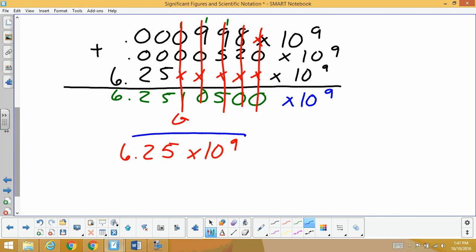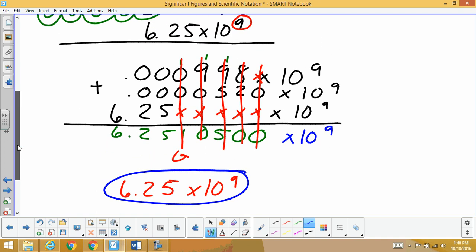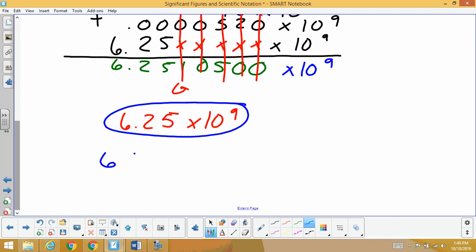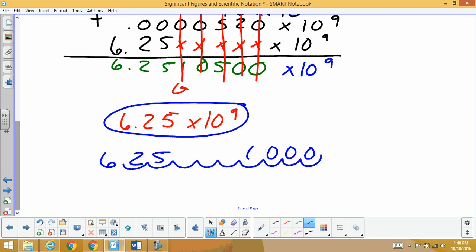I know you're wondering, how is it possible that we just added 3 numbers together but did not come up with a different answer? Well, that's because 6.25 times 10 to the 9th is so huge. If we actually write it out, it would be 6, 2, 5, and then we'd have to move it over 9 spots: 1, 2, 3, 4, 5, 6, 7, 8, 9.